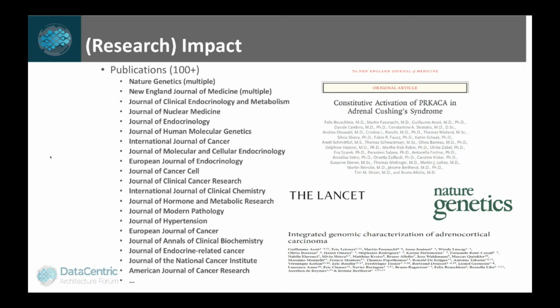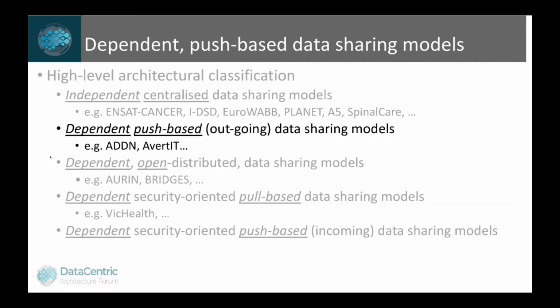They publish in the very top journals, the New England Journal of Medicine, Nature, the Lancet, etc. The most recent publication was being able to diagnose a patient and the type of cancer they have just from a urine sample. So again, this is at the edge of what researchers are trying to do in managing cancer.